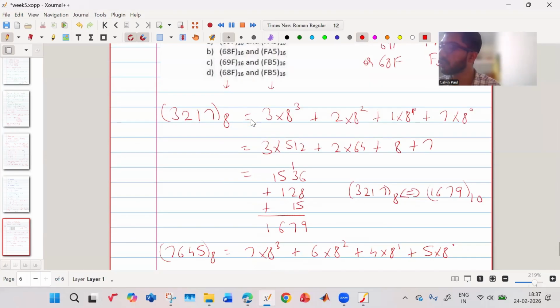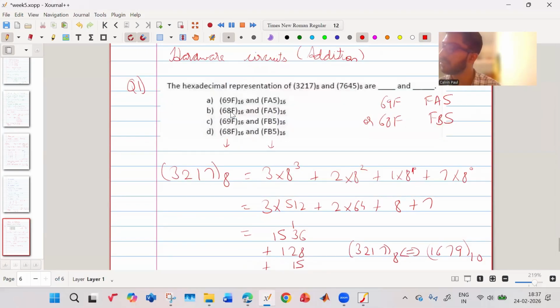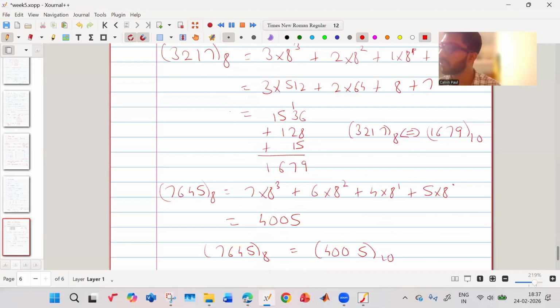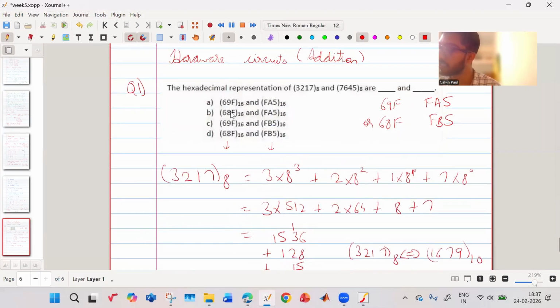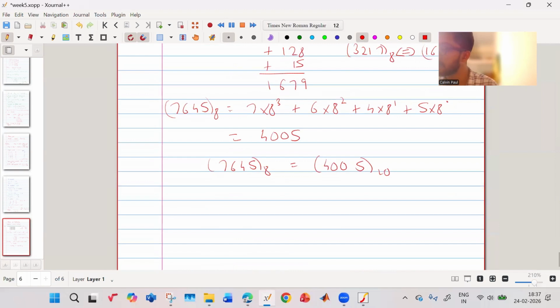Okay, so instead of going through the long process of converting 1679 into hexadecimal and 4005 into hexadecimal, let us go the other way. Let us say we have 69F. We want to find its magnitude in terms of the base 10 number system. So this is 6 into 16 to the power 2 plus 9 into 16 to the power 1 plus F, which is 15, so 15 into 16 to the power 0.